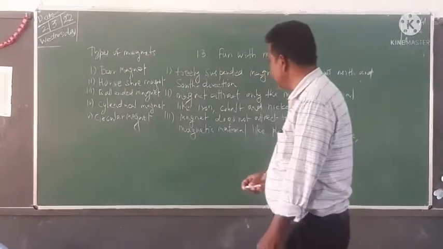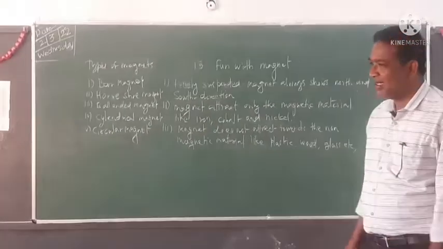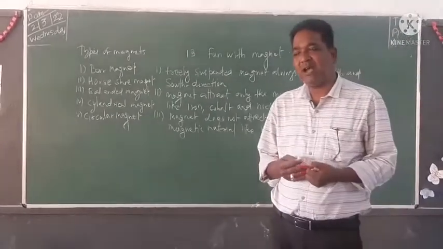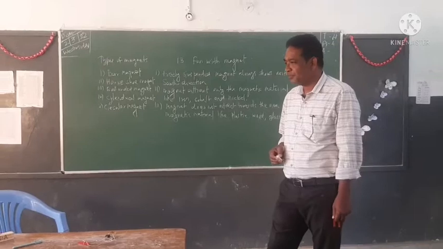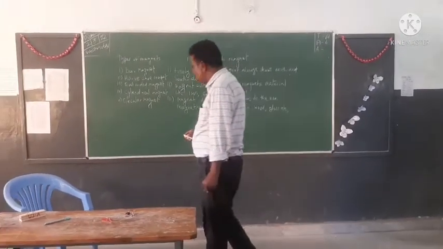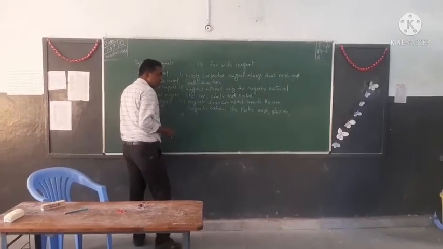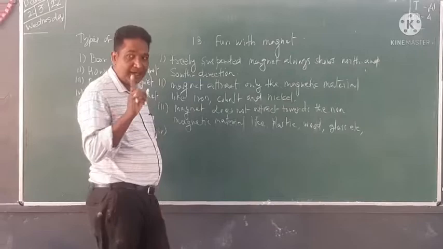So have you learned that freely suspended magnet always shows north and south direction. If the magnet is showing north and south direction, then how many poles are there to the magnet? There are 2 poles to the magnet, है ना?